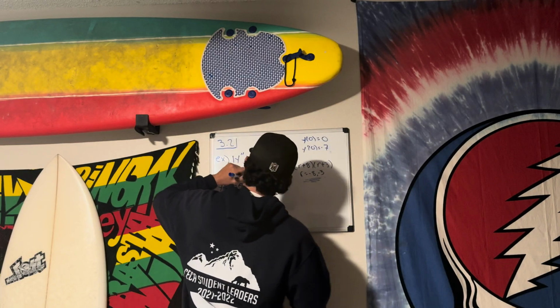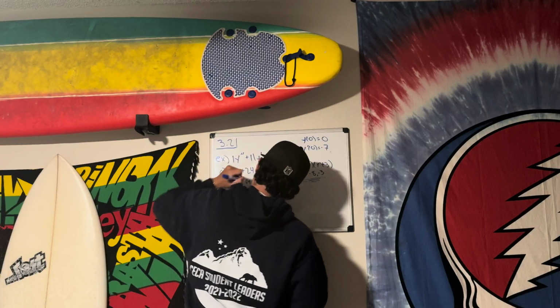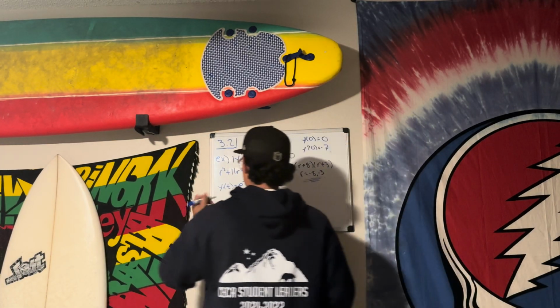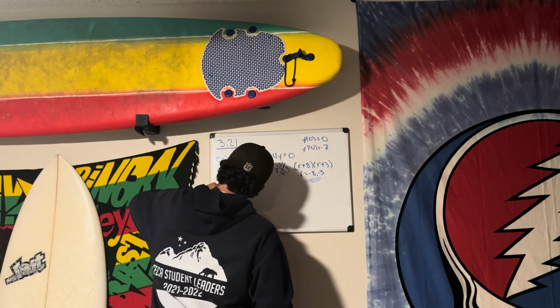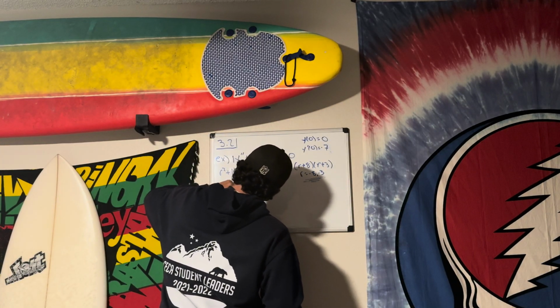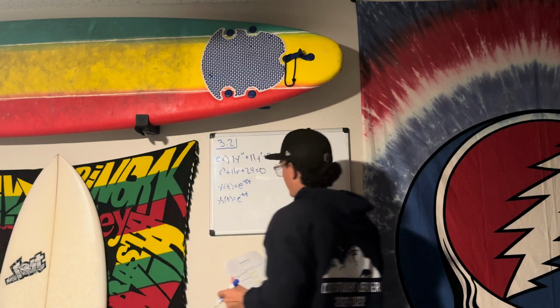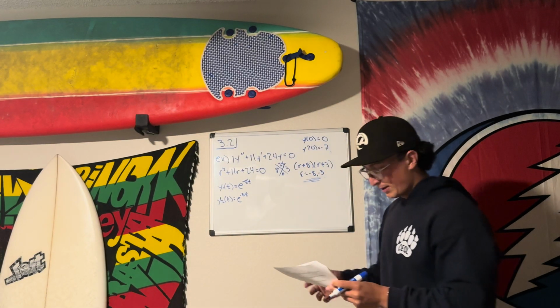So r1 is negative 8 times t. So that's our y1 right there. Now our y2, very similarly, equals e to the negative 3t, because we plug in our r2 there, okay?